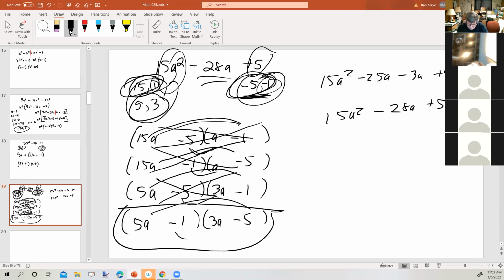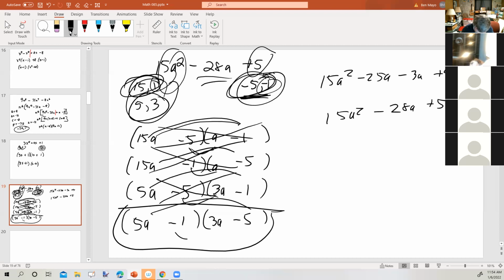Now, this method, if you can't do little multiplication stuff in your head, you're not going to like it because it's a lot of writing. But if you can do the little multiplication stuff in your head, you'll probably prefer this one over the grouping method. Let me explain that.